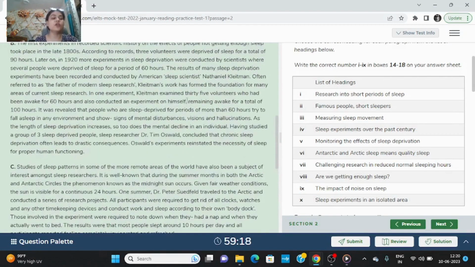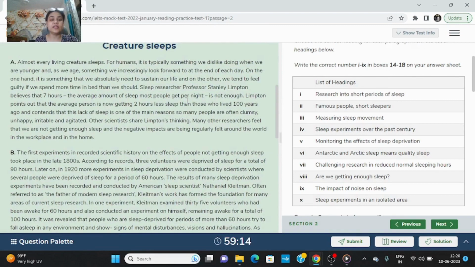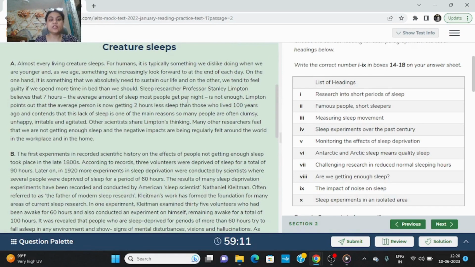If you are going for the computer delivered test, you will be getting something similar to this in your examination. On the left side you will be having the passage, and on the right side you will be having your questions. So today we are going to do list of headings, and we will try to build our concept and get command over it.